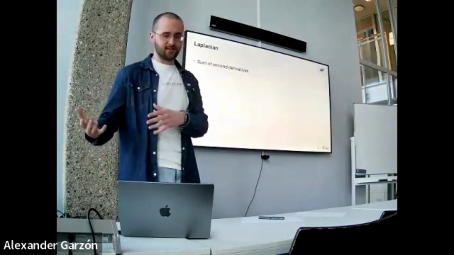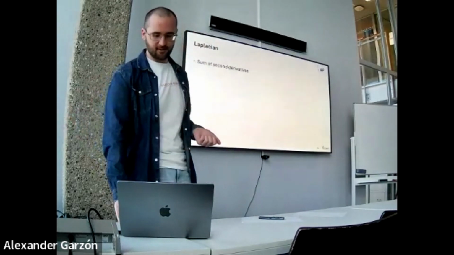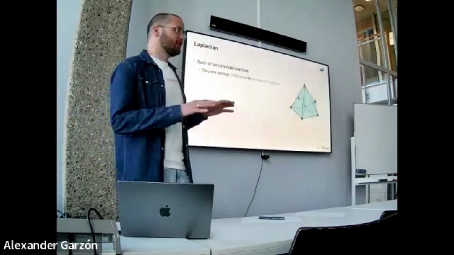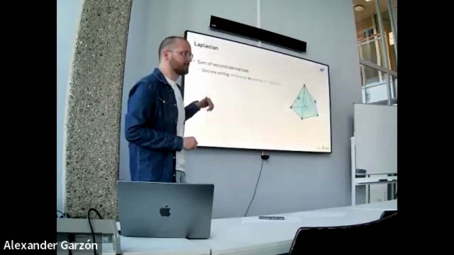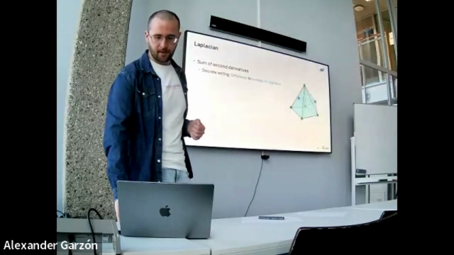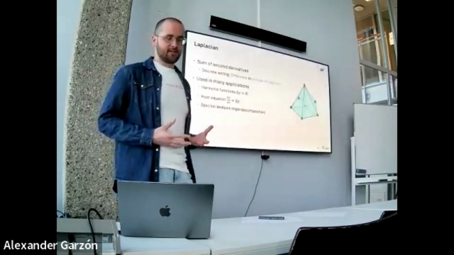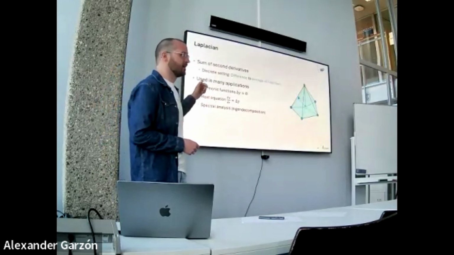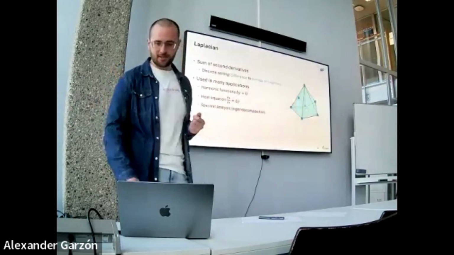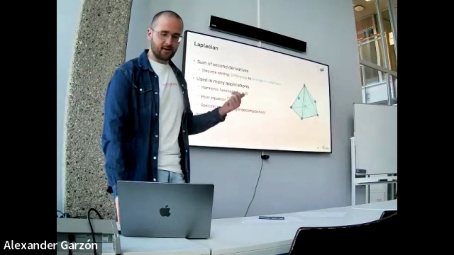And these are these derivatives. The Laplacian is the sum of second derivatives. In the discrete setting, when you're discretizing a mesh, for example, you can think of it as the difference to the average of your neighbors. And this Laplacian is used in many applications: solving geodesic functions, solving the heat equation, spectral analysis, and the applications that Klaus also showed. And a downside is that it is isotropic.